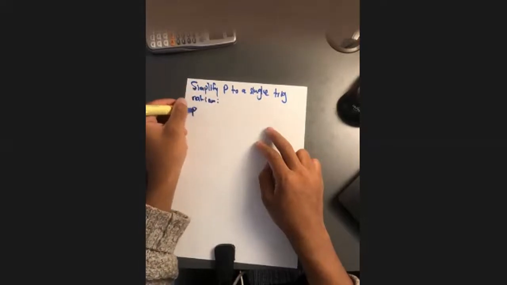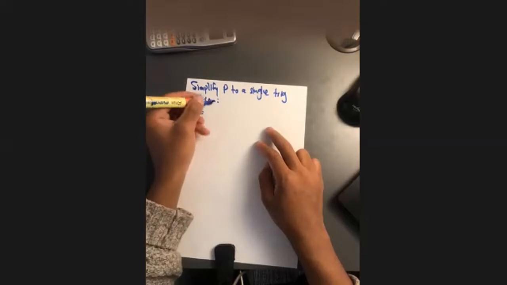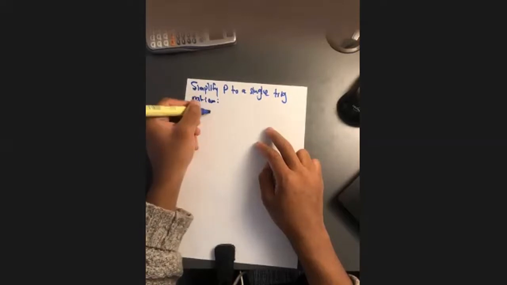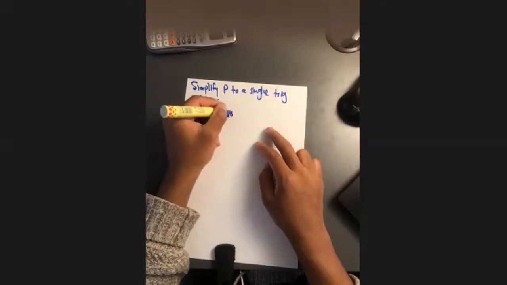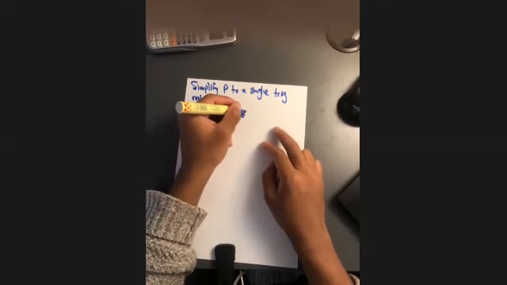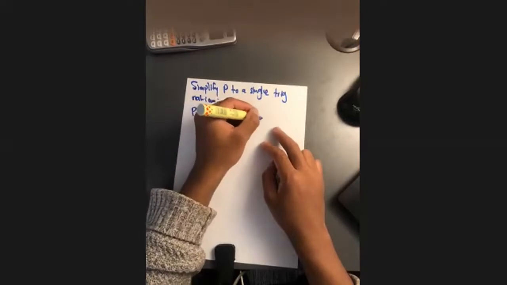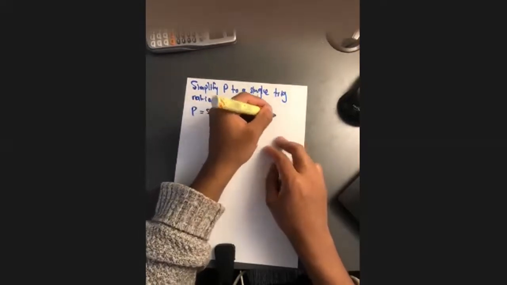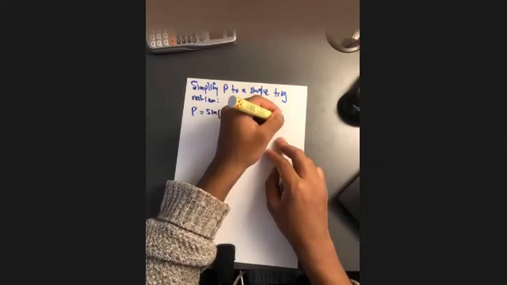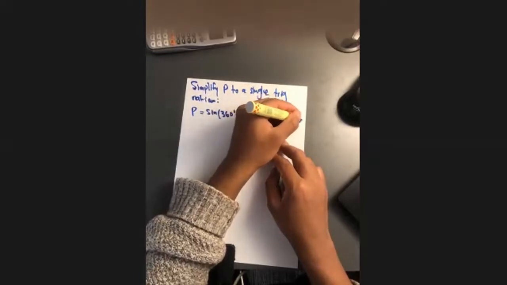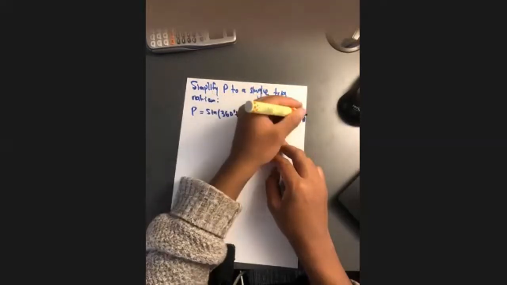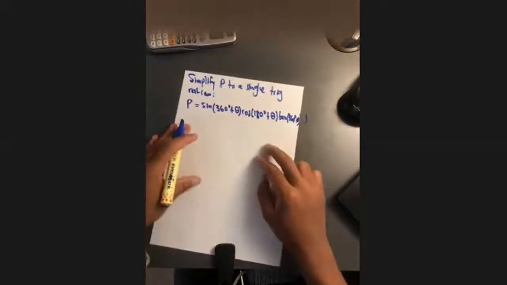You're going to say P is equal to the sine of 360 plus theta, cosine of 180 plus theta, and then the tan of 360 plus theta. Just take it as theta, guys. I just ran out of space.